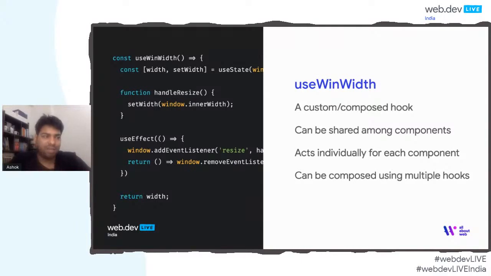And they act individually, so they don't relate to or link with the components they are going to be used with. I mean, they're going to be independent of the component which is using them. So any specific state change or any specific effect you do in your custom hooks is only going to relate to that particular component only.